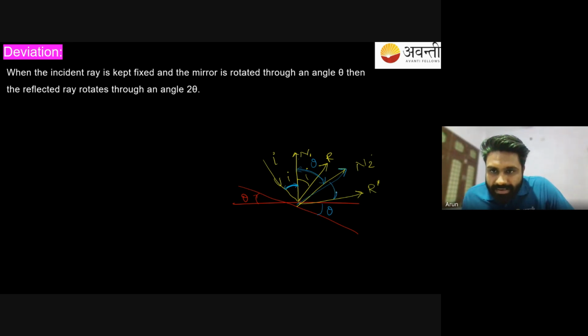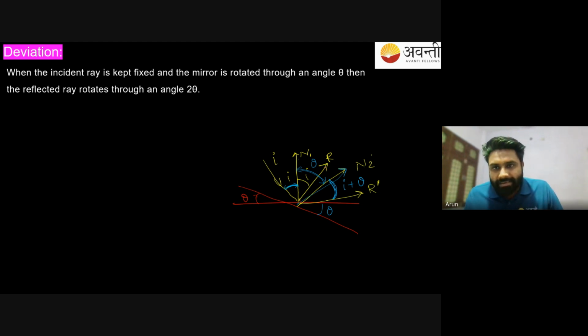Because the law of reflection says the incident angle equals the reflected angle, it will also be I plus theta. So we are supposed to calculate the angle of the new reflected ray. We have the statement, if the mirror is rotated by theta, then the reflected ray rotates by 2 theta. So this is the reflected ray that we have.